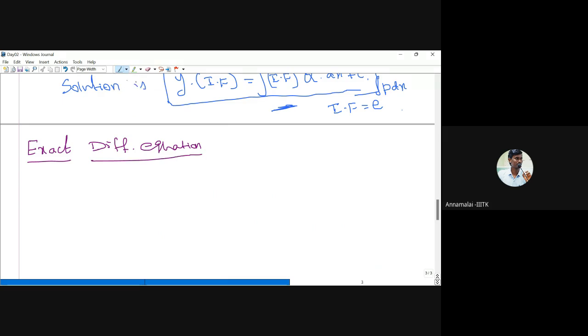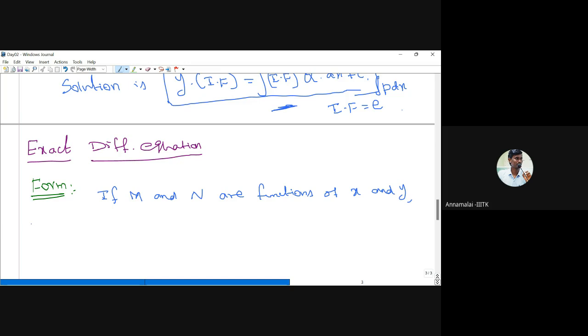The first form: suppose M and N are functions of two variables x and y.